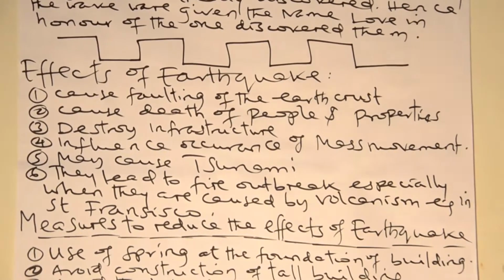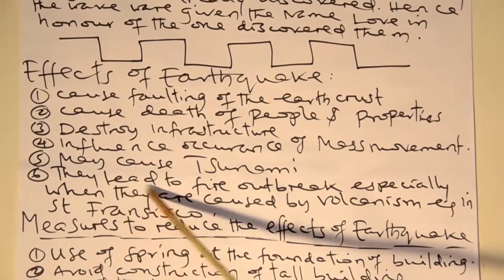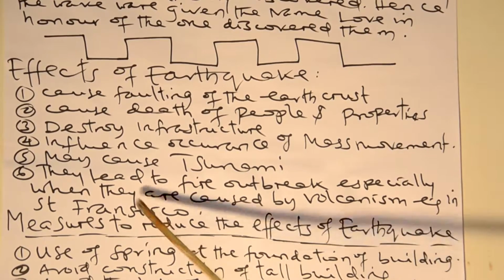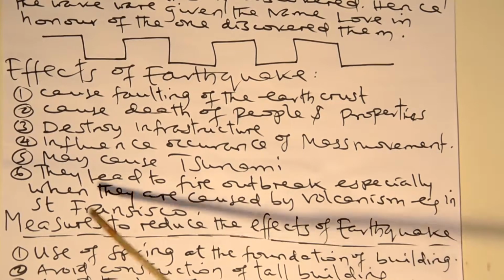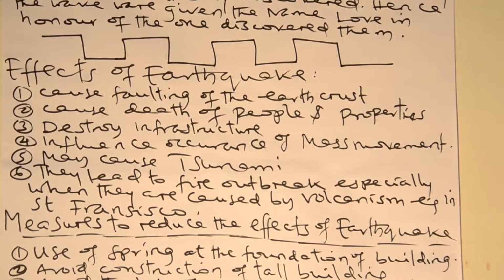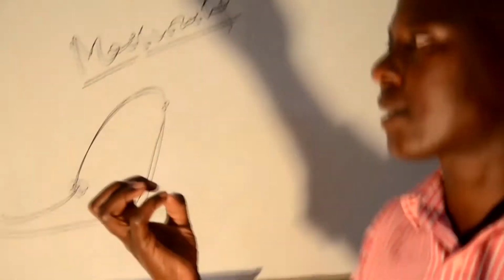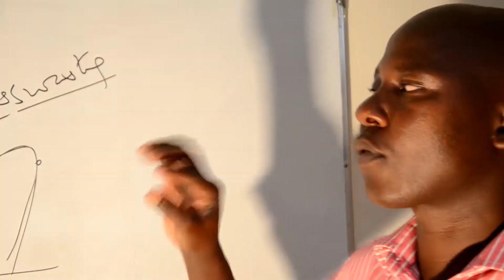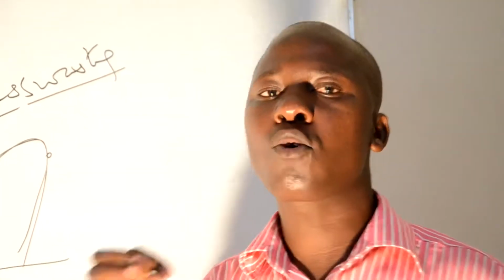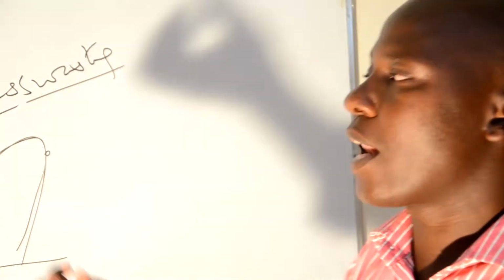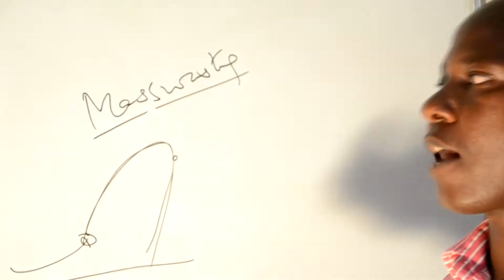Dear students, apart from tsunami, this earthquake can also lead to fire outbreak, especially when caused by volcanism, as in San Francisco. Wherever the earthquake is caused by volcanism, or eruption of molten material from within the crust onto the earth's surface, it produces lava, which later cools and solidifies. Wherever this molten material contains fire, it can cause fire outbreak.